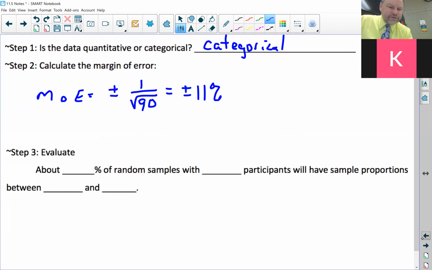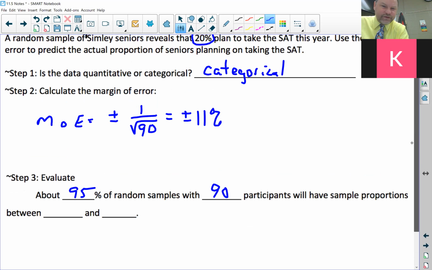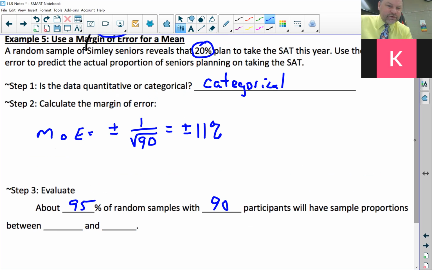So in this case, in about 95% of random samples with 90 participants, the sample proportion is between, so we have to calculate that again. So we're going to take our sample proportion plus or minus our margin of error.